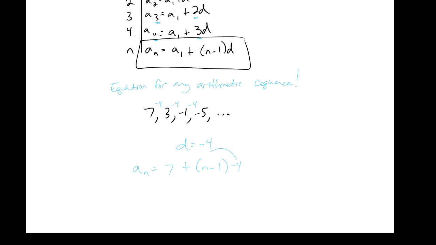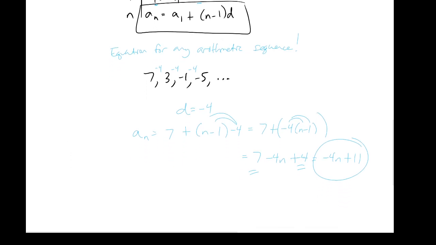Then I'm going to have to multiply that back in. So I have 7 plus -4 times the quantity n minus 1. Multiplied in, I get 7 plus -4n, and then -4 times the -1 is going to be a +4. Of course, I can combine these two terms, and then we're going to have -4n plus 11. And there we go.